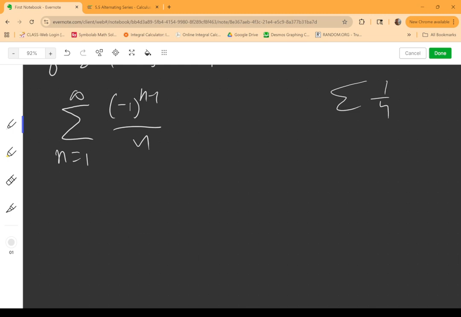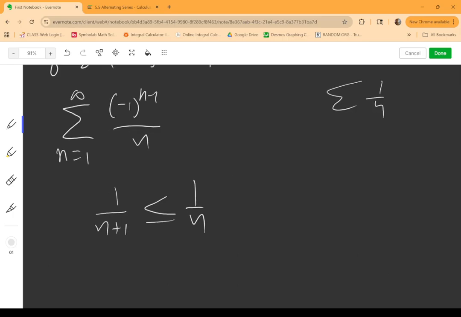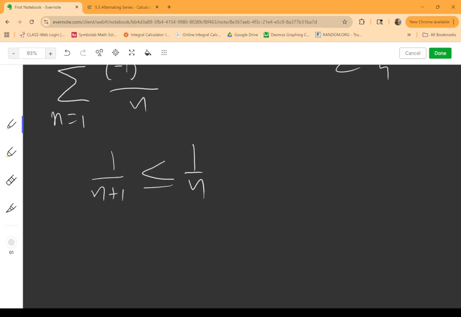So first of all, we confirm that it is decreasing. So the next term is in fact less than or equal to the previous term. And that is true. Remember, when we add something to the denominator, it is making the denominator bigger, but the overall fraction is getting smaller. So this works.